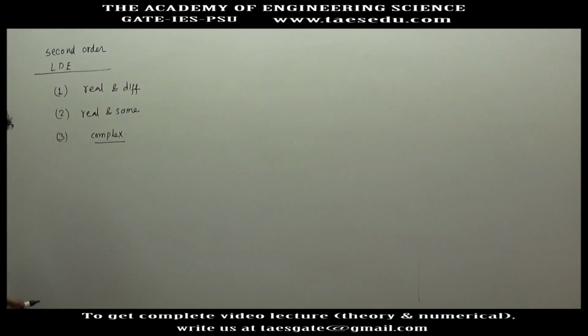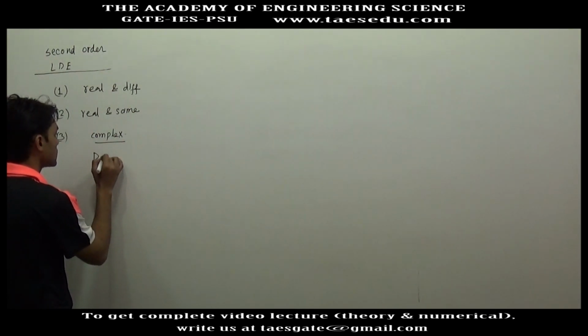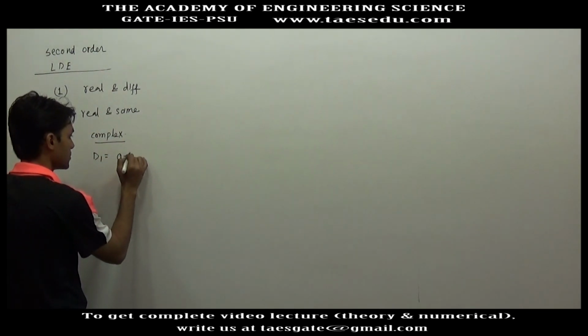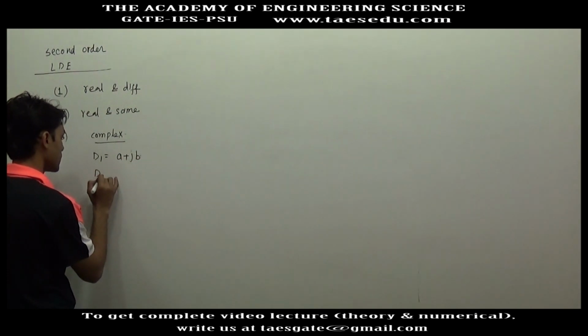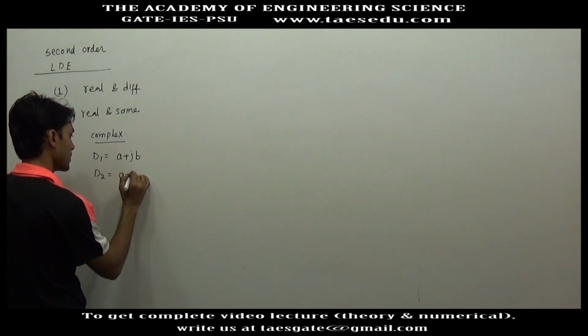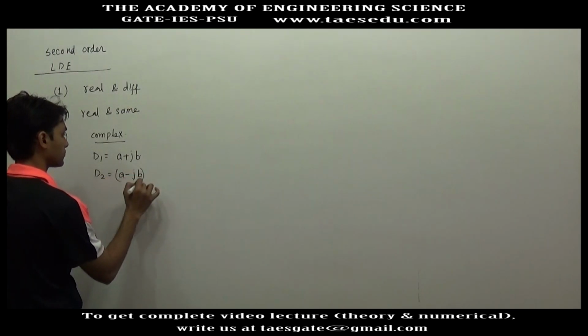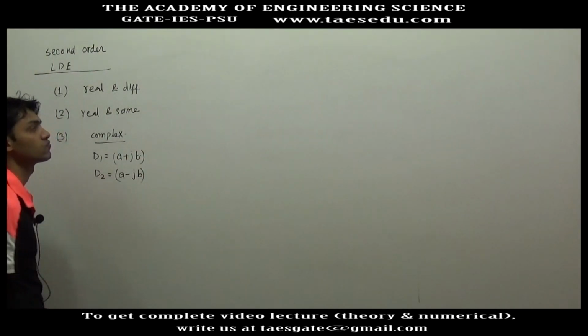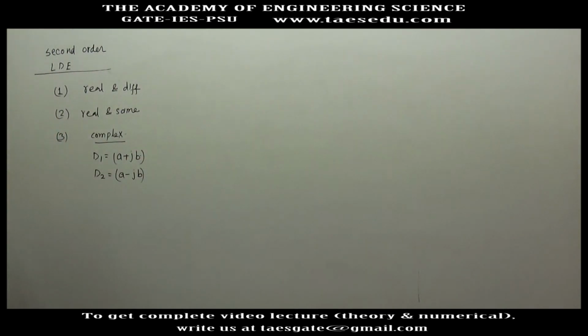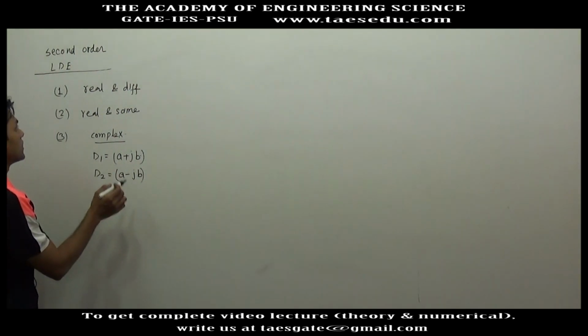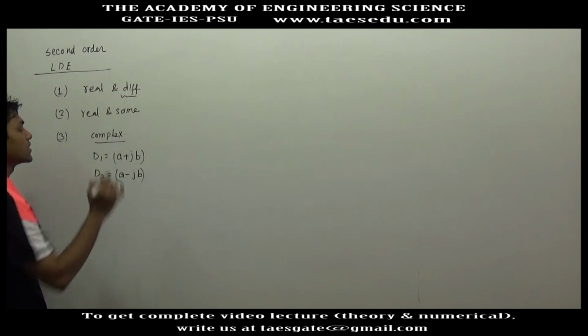If roots are complex, let's say d1 is equal to a plus jb, then obviously the other root will be a minus jb. If roots are complex, they cannot be equal. They can never be equal. So if the roots are not equal, they will come in the category of different roots.